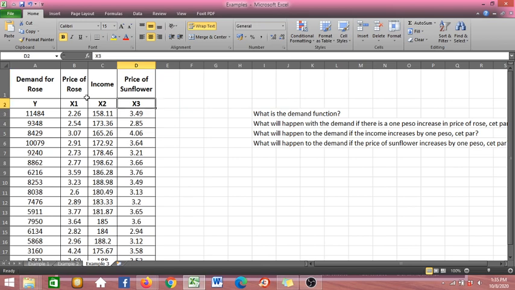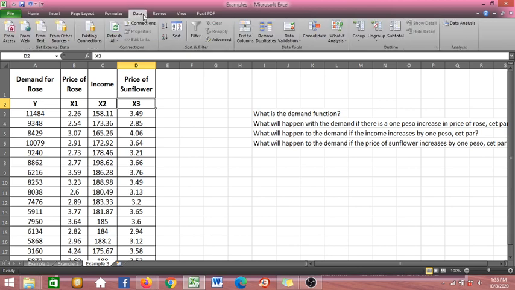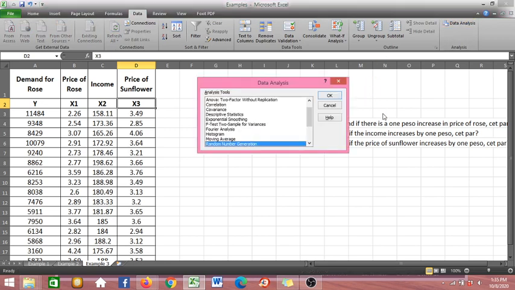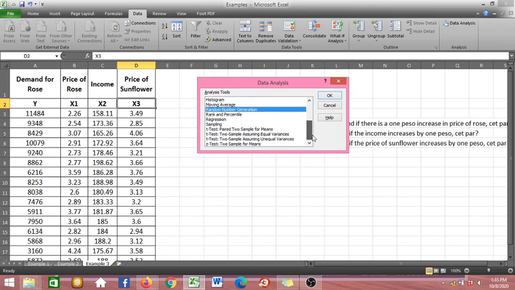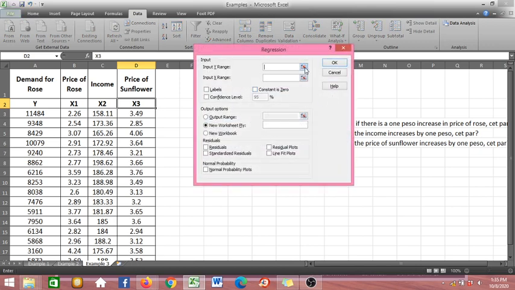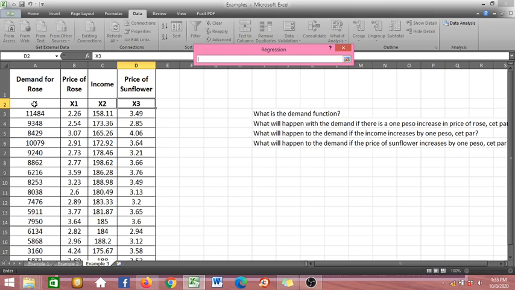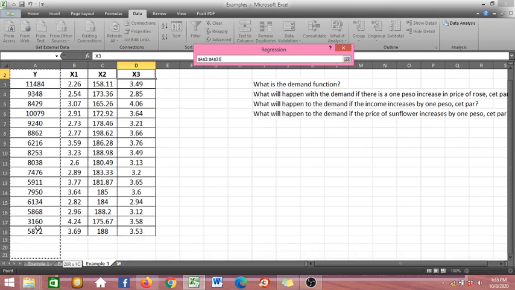So let's see if that is what will come out later in the regression equation we will build based on the results of our regression analysis. So, we will click the data analysis, and then for regression, select your input y range. So, this one, the demand for rose.